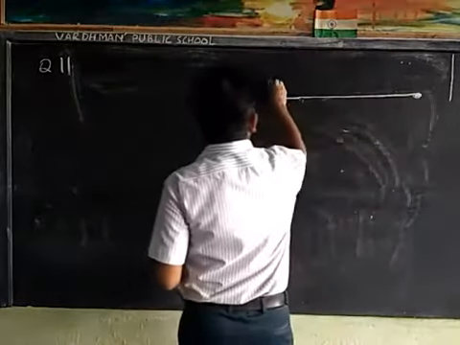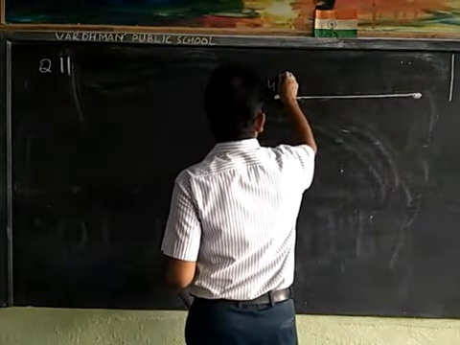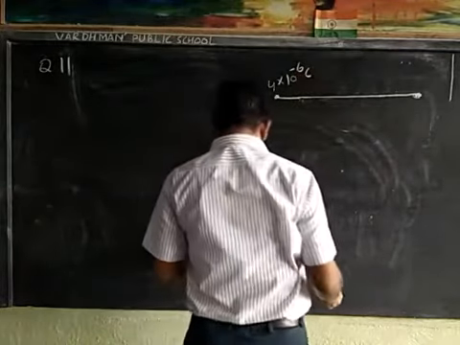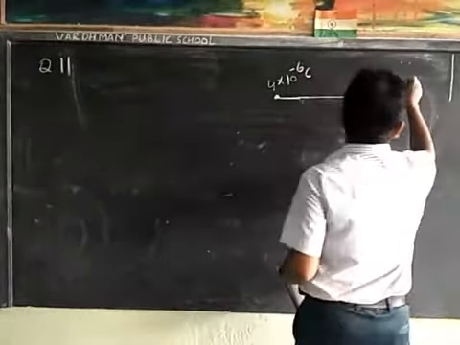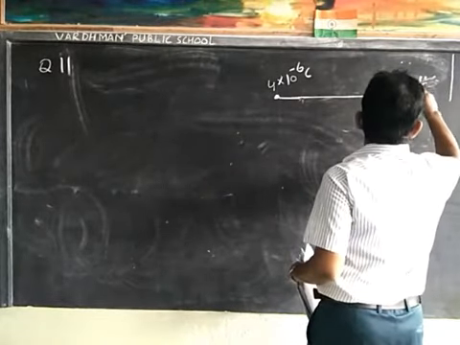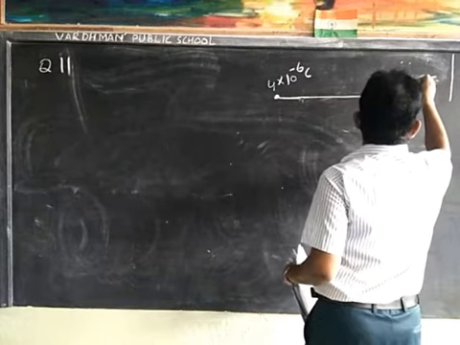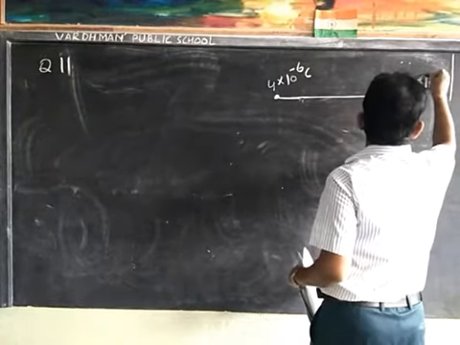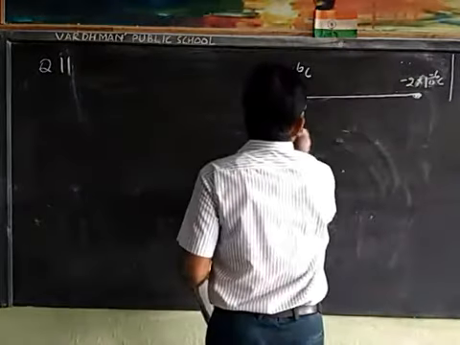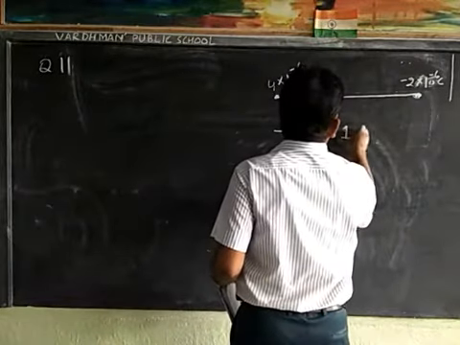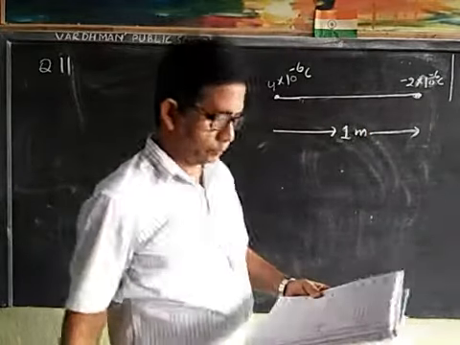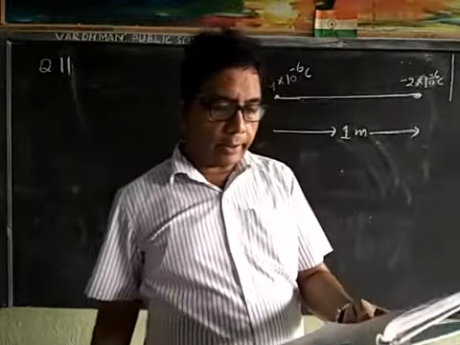This is 4 microcoulomb, that is 4 into 10 power -6 coulomb, and -2 microcoulomb, that is -2 into 10 power -6 coulomb, separated by a distance of 1 meter in air.